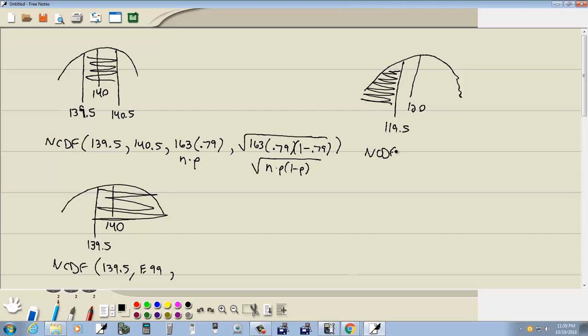So we'll do normal CDF, negative E99, comma, 119.5, comma, and then your other parameters are the same as the previous two.